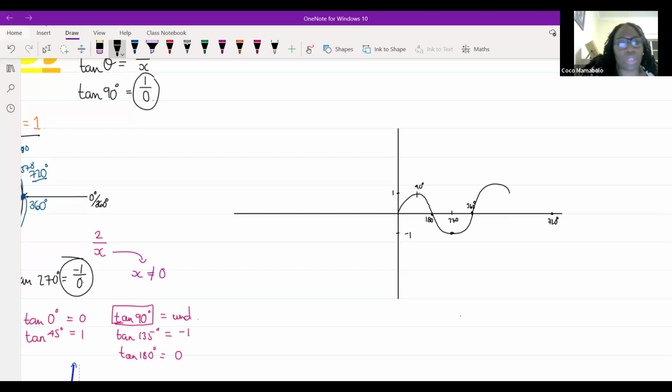Just from there, and that's definitely a terrible drawing. Sorry, guys. I went from there to there and back down and again at 720, right? That point over there will just be 1, and that point over there again will be -1. All right. What would happen then, guys, if I went to 1080?